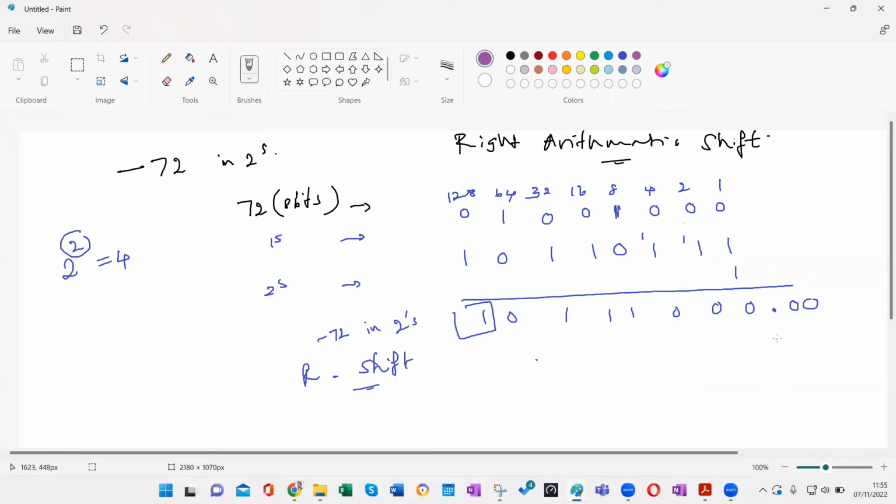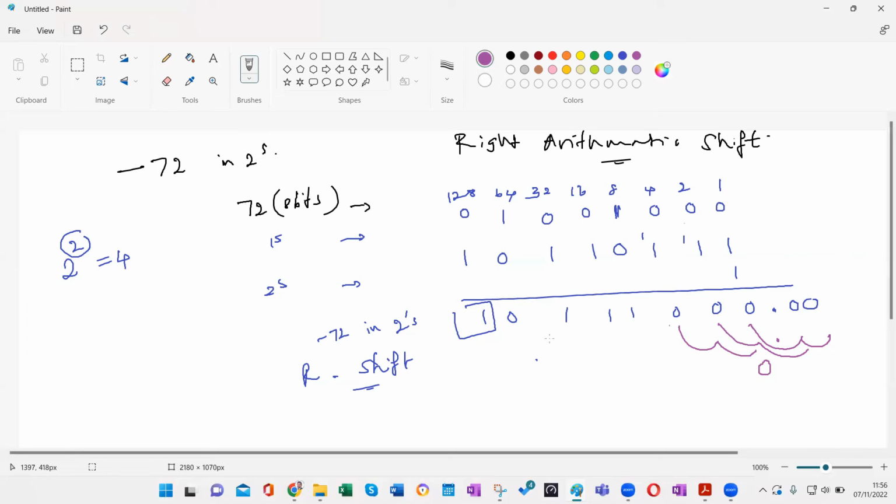So this 0 will come here, that's 1 and 2, two places. So this 0 comes right underneath this, and the other 2 zeros will go out of the point.